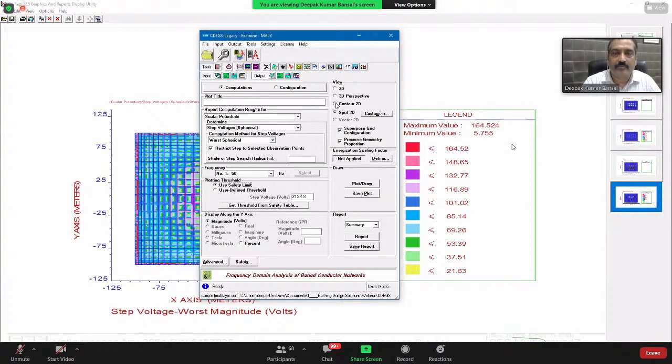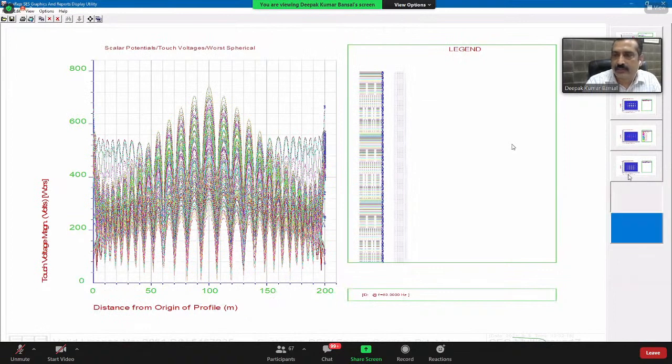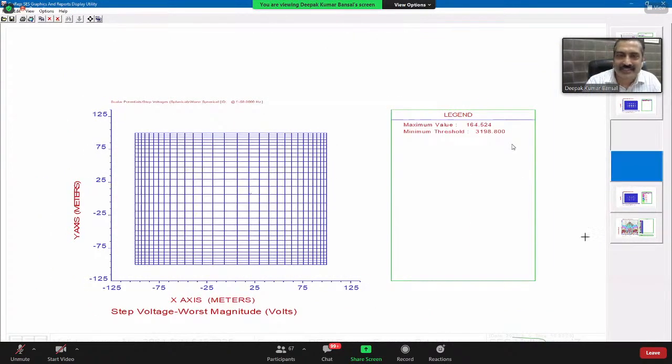We can have different graphs also. 2D spot we have seen. This is for the touch voltage. Again, I am doing it. It takes some time. This is more complicated, not easy. Basically, these graphs are more understandable.